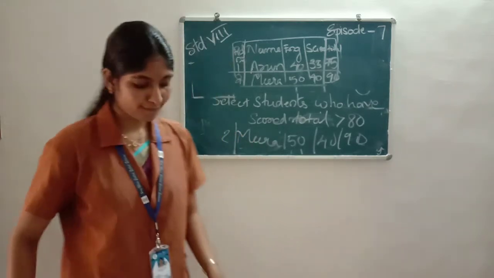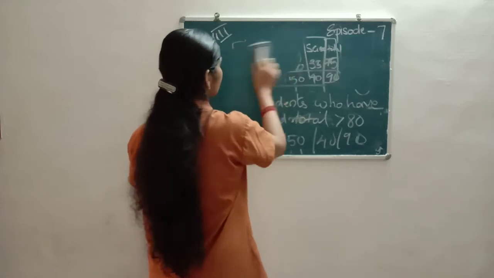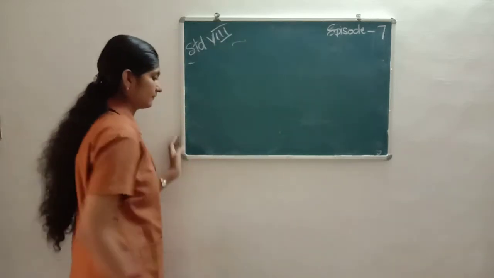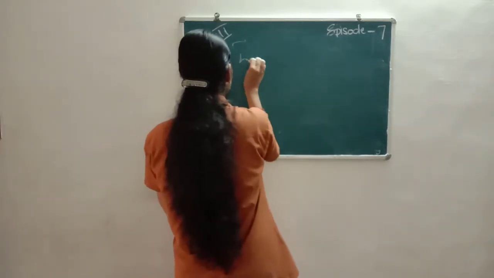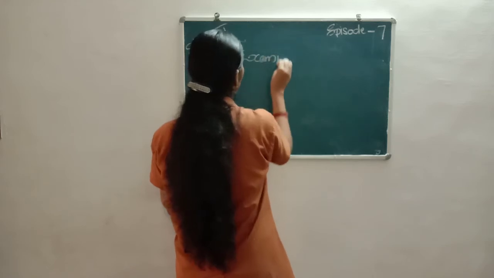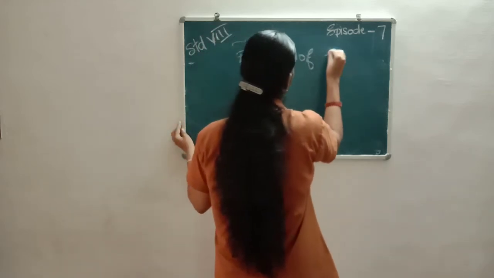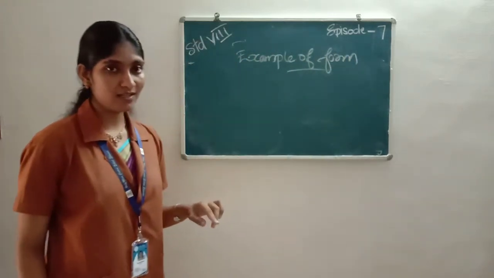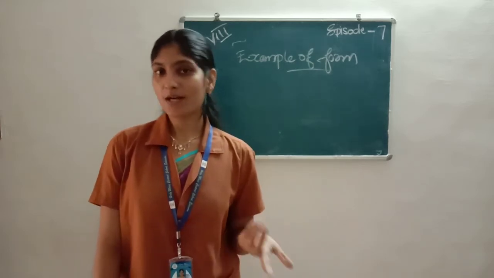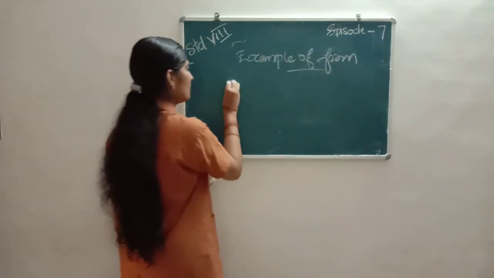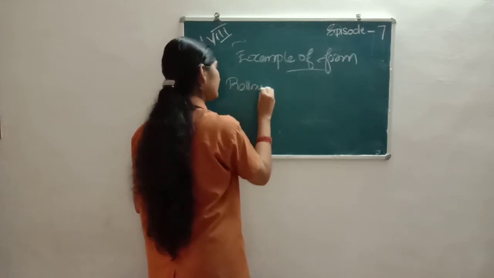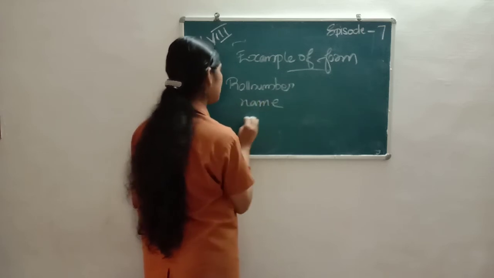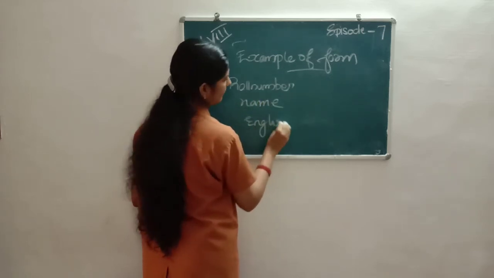Then third one, form. Example of a form. Form means what? It's the screen for entering data, displaying or updating data. So it looks like roll number, then name, then English, then science.